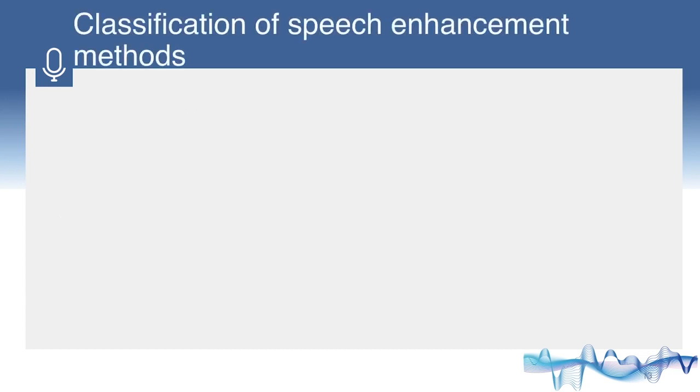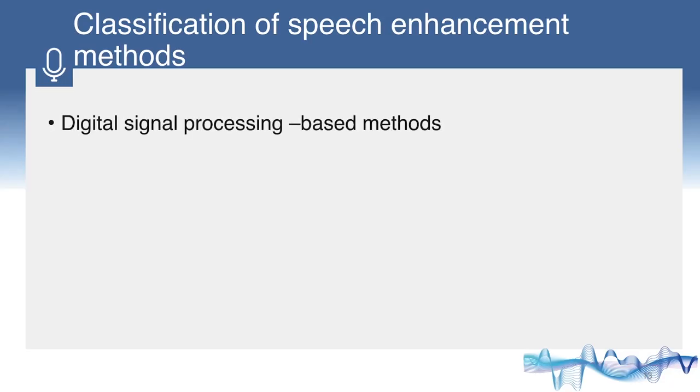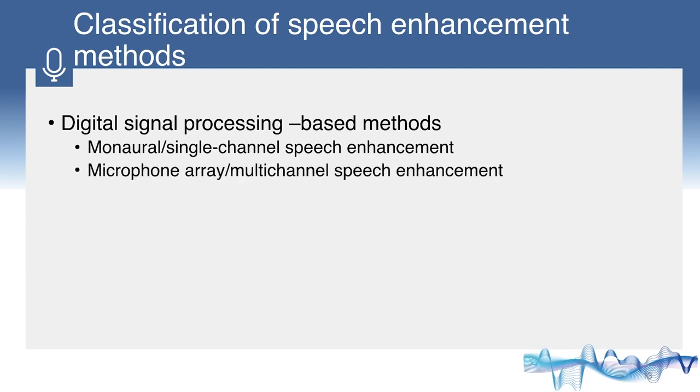The speech enhancement methods can be classified according to their application methods. So, they can be divided into the following two categories: digital signal processing speech enhancement methods and machine learning-based speech enhancement methods.